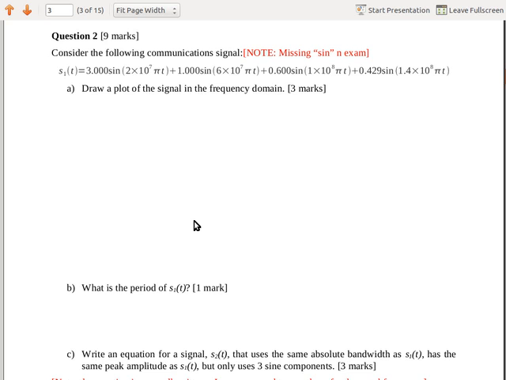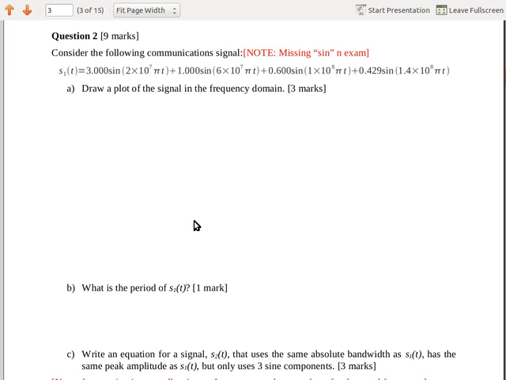To find the frequency, an equation that you should memorize is the general equation for a sinusoid. You should know the general format for a single sinusoid component: peak amplitude sine 2 pi f t plus the phase. If you know that, then you can find in each component the value of f.